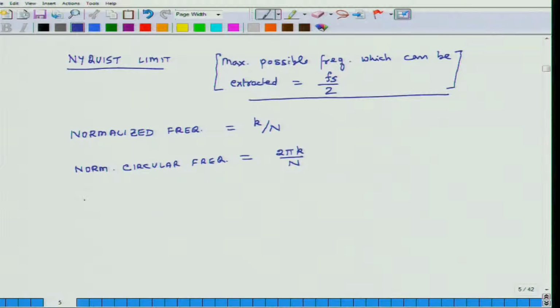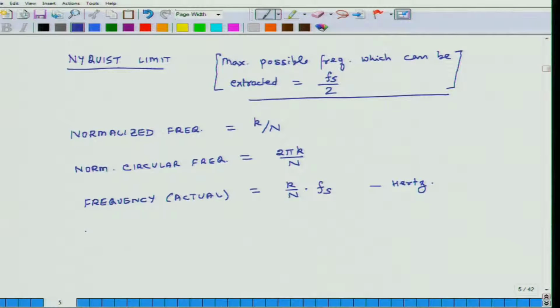Then there is the actual frequency which corresponds to xk, and that is k over N times Fs, which is the sampling frequency. So, this actually has units of hertz, or 1 over t units.